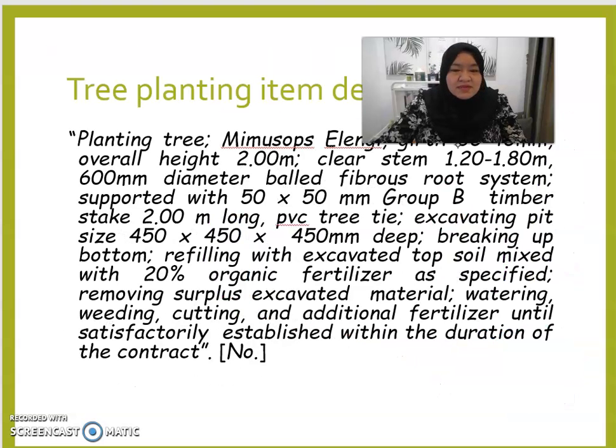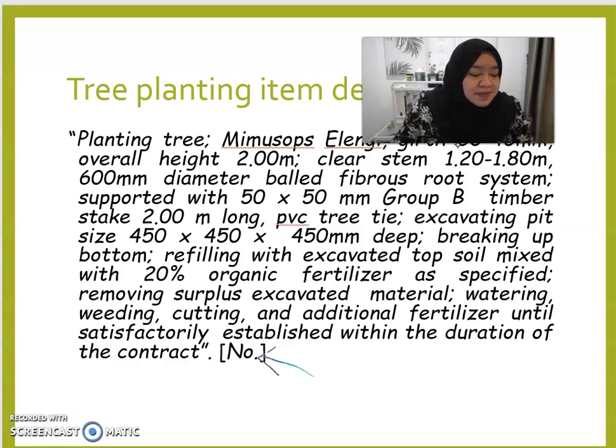And this is an example of a description of a tree. It looks very complicated, but it is not actually. So let's read section W16.2. It says that trees, young nursery stock trees, shrubs, bulbs, corms, tubers shall be enumerated, which means it will be in number.